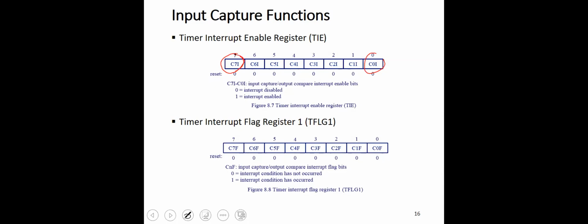We have interrupt enable bits for each of these channels. So this is the timer interrupt enable register, TIE register. Basically here we enable the interrupt, and in the TFLG1 register, the timer flag register number 1, we have the flags. So this is the flag for channel 7, flag for channel 6, 5, and so on.